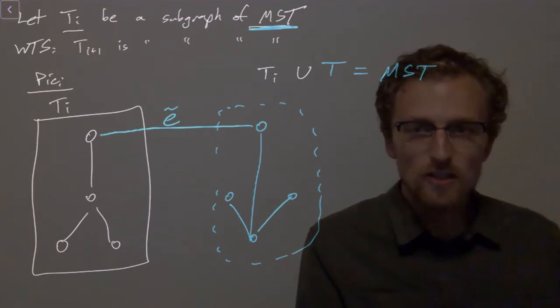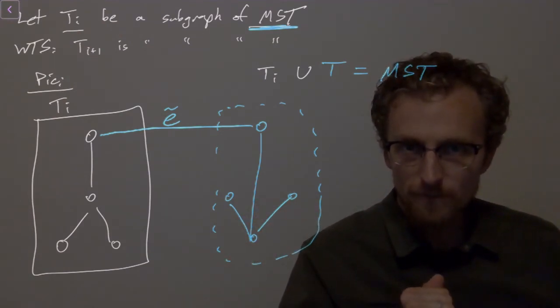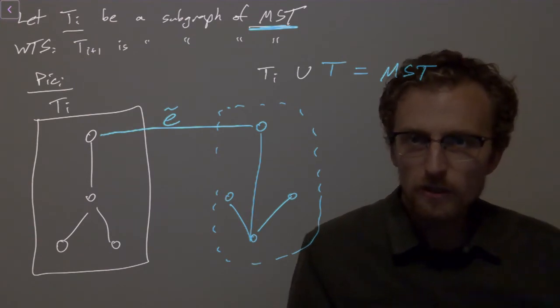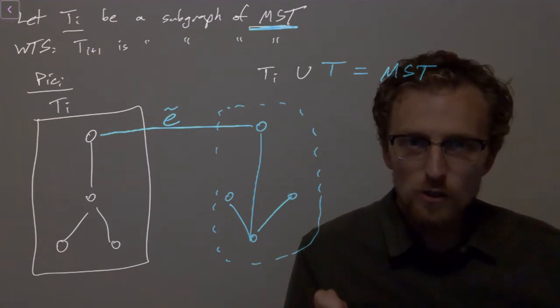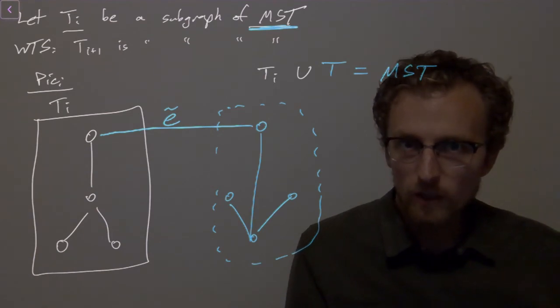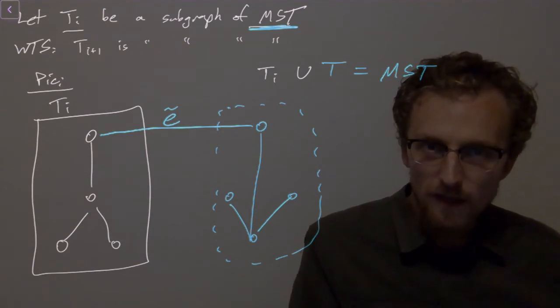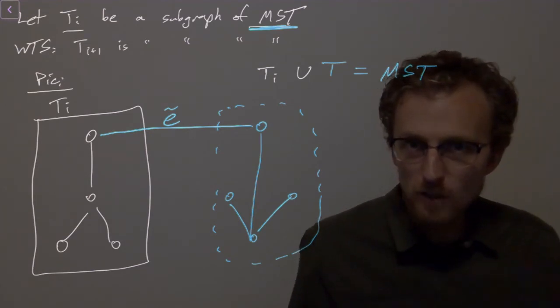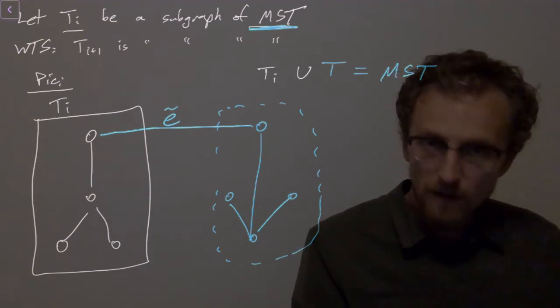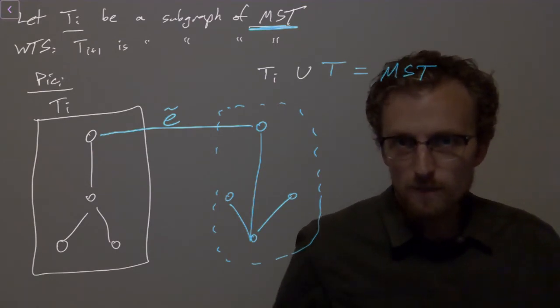So we're going to call this E wiggle, right? This is the edge that connects Ti to the rest of this MST. So here's what we're going to do. We're going to assume for contradiction, right? We're going to generate a contradiction argument here. We're going to assume for contradiction that Prim doesn't do the right thing at this step. Okay, so we're going to assume that Prim doesn't pick that edge as part of its next step, right?